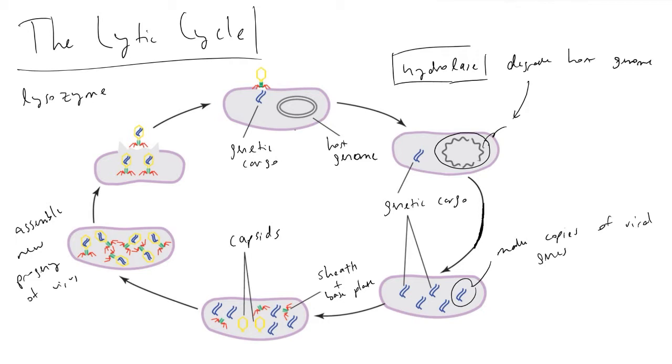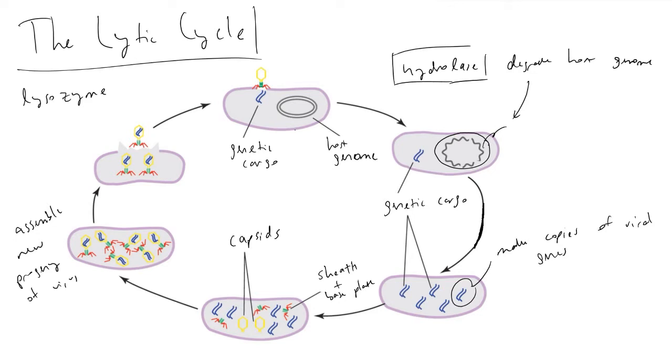And it becomes so weak that the viral progeny inside are going to be released into the environment where they can actually infect more host cells and continue the process. And so from a high level, this is what's going on during the lytic cycle.